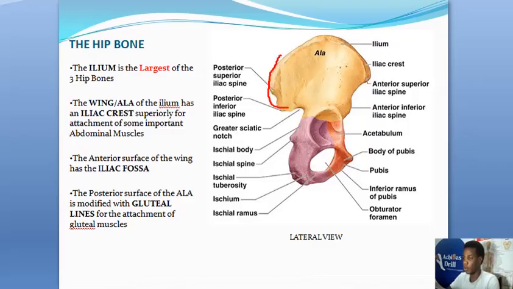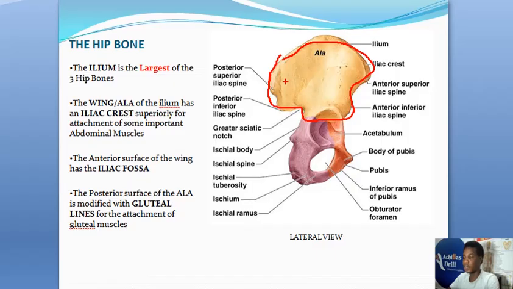The ilium, of course, is the largest part of the 3 hip bones. The ilium is the largest, and it has numerous structures on it, and they are very important for attachment of muscles, for attachment of ligaments and all.